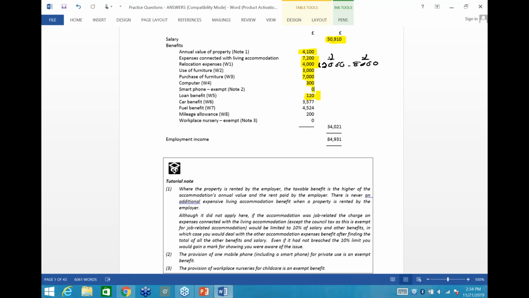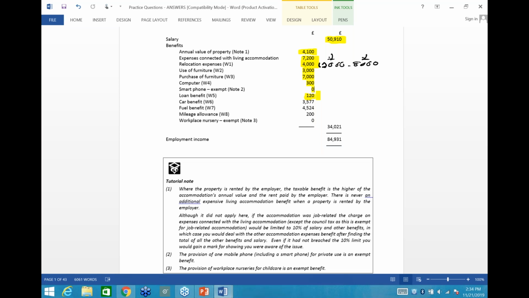Now here, there are two benefits given. One is that Rita is provided with a car, not only for her job related work, but for her private use as well, which gives her a taxable benefit. Now, how do we calculate this car benefit?